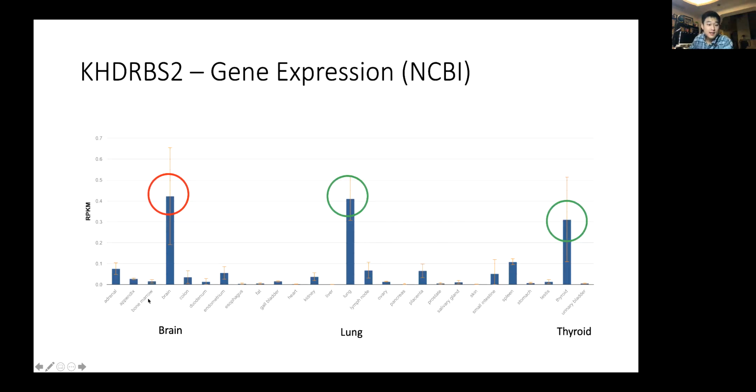Another interesting thing is how this gene is highly expressed in the brain, which may lead to more future research on whether certain brain diseases have an association and can lead to a more severe case of COVID-19.